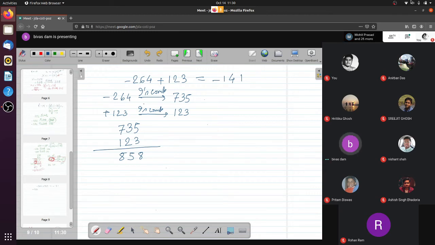This is the generalized addition, x plus y operation, where in this situation x is negative, minus 264, and y is positive, plus 123.